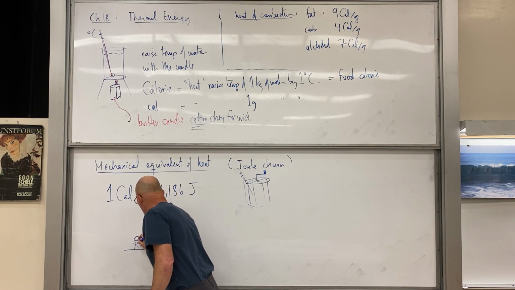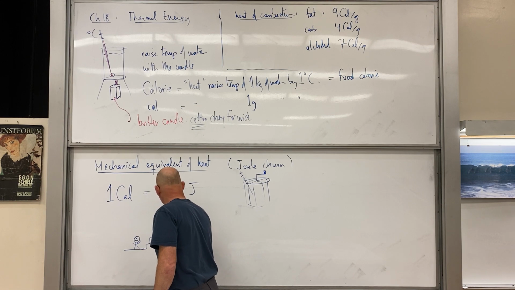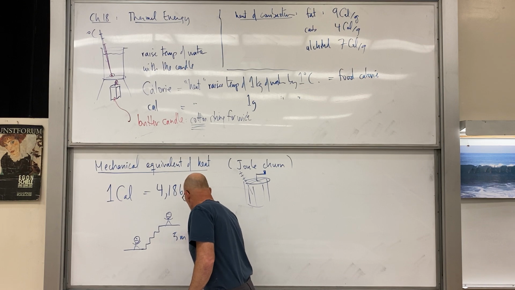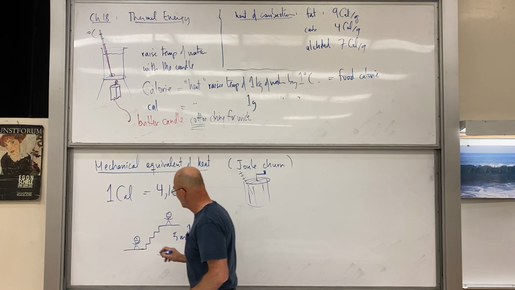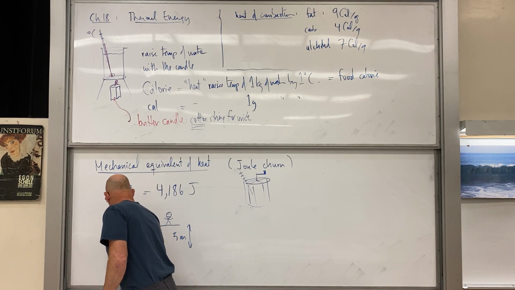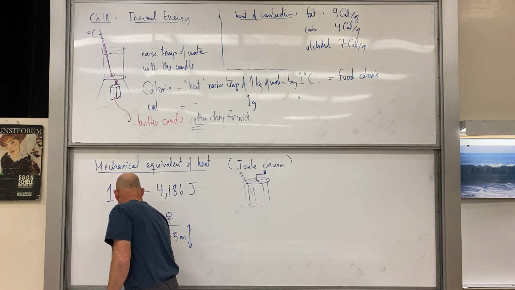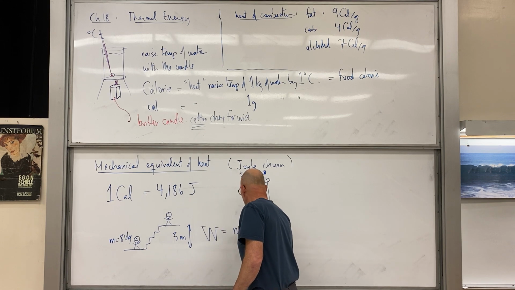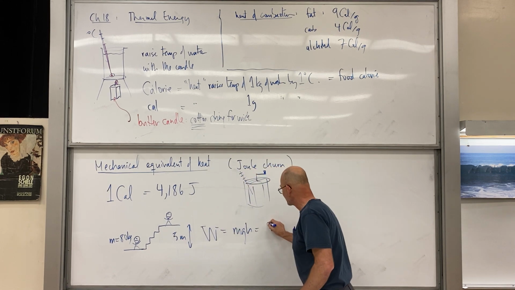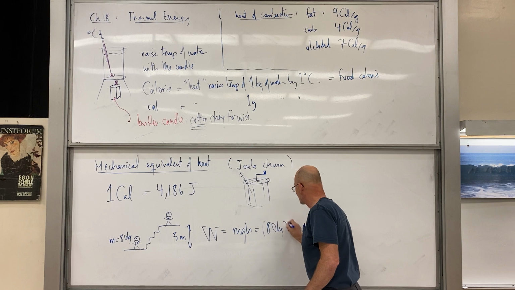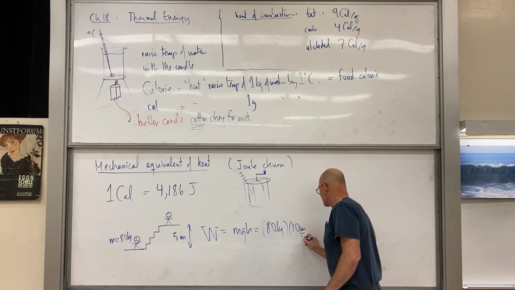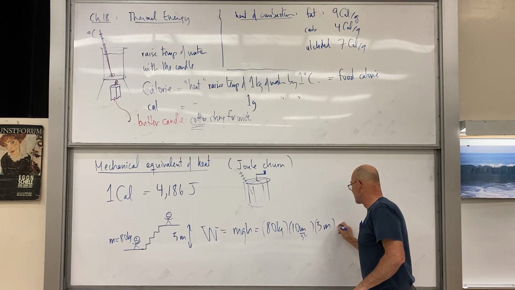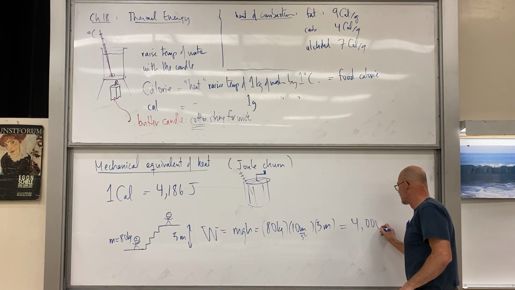So you climb a flight of stairs, and let's say it's a 5-meter flight of stairs, and you have a mass of 80 kilograms, then the work is mgh. So I've got my 80 kilograms by roughly 10 meters per second squared for g, and my 5 meters, and that's 4,000 joules.